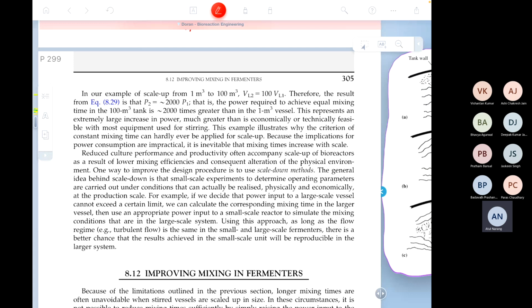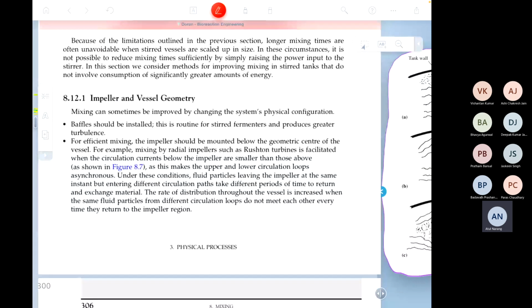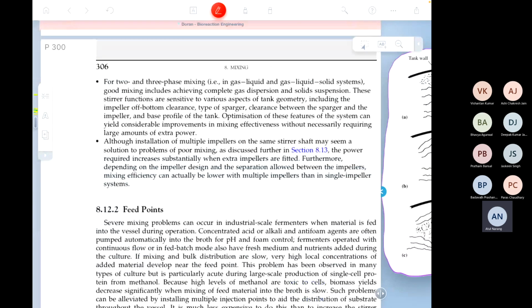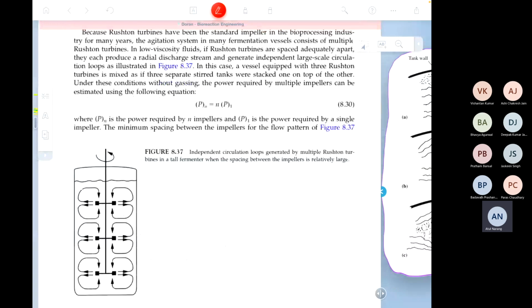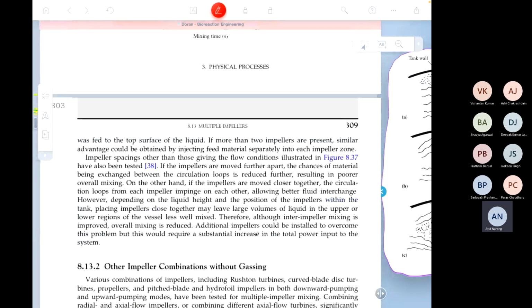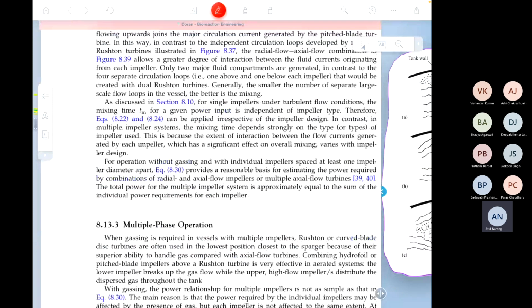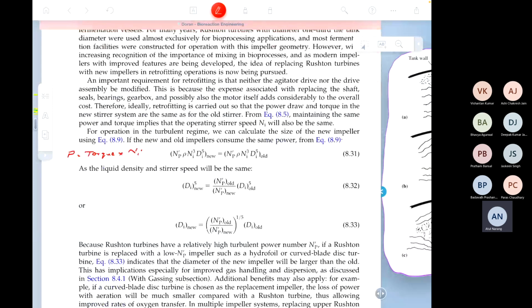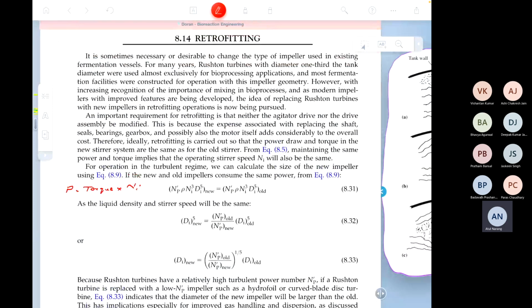Okay, so if that part is clear, I also want to address one more important point, which is also quite relevant, and that is this business of retrofitting, and it actually turns out that this is interesting.